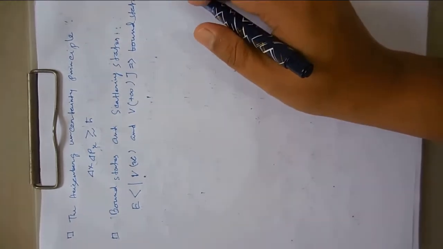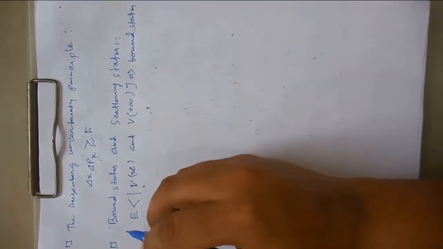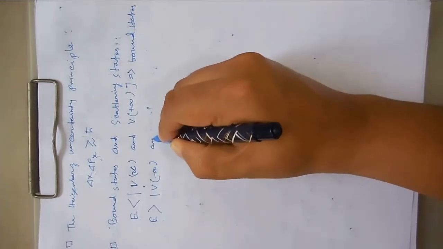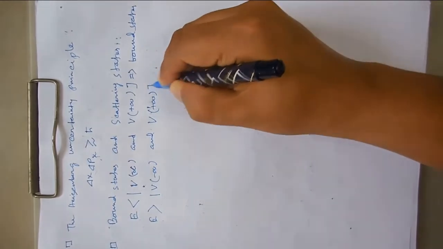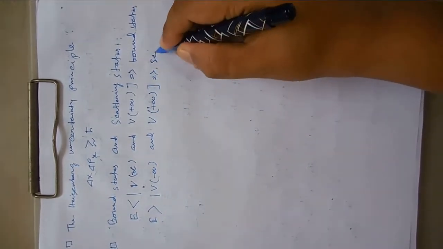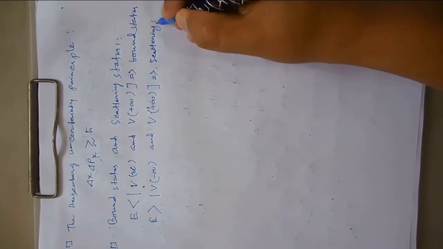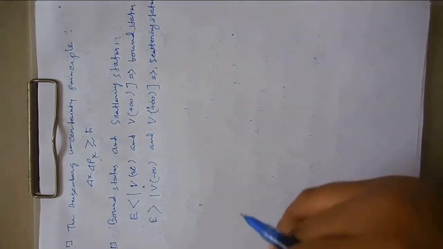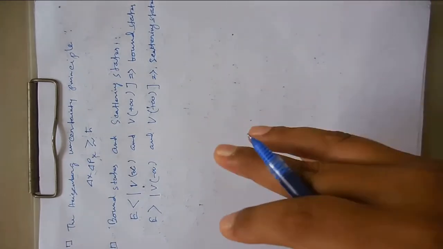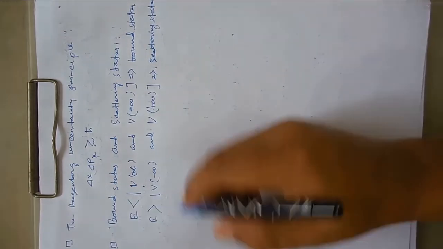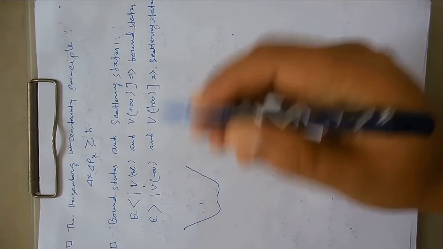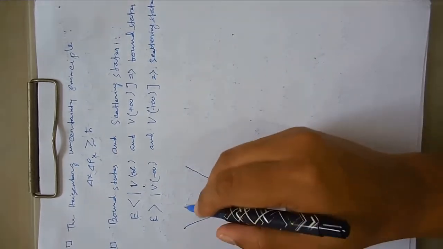And vice versa, if E is greater than the potential, then we call it a scattering state. With a picture and some figures, it can be more understandable. Suppose I draw this way, it will give you the trajectory of the particle.